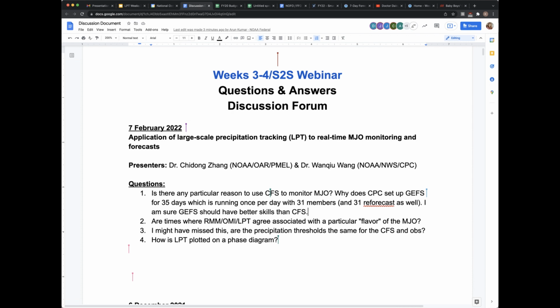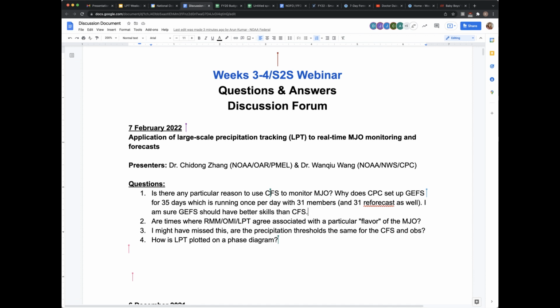Okay, good. Next question. Are the precipitation thresholds the same for the CFS and OBS? No. Sorry, we didn't indicate this clearly. In Chidong's part, I think they use 11 millimeters per day for observation, probably because of the use of a different observational data set.